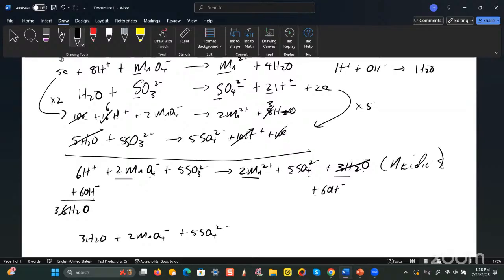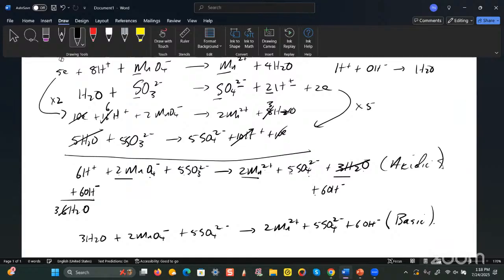And then on the right side, you're going to have 2 Mn2+ plus 5 SO4 2- plus 6 OH-. And this would be the answer if the question is asking for the equation in a basic medium.